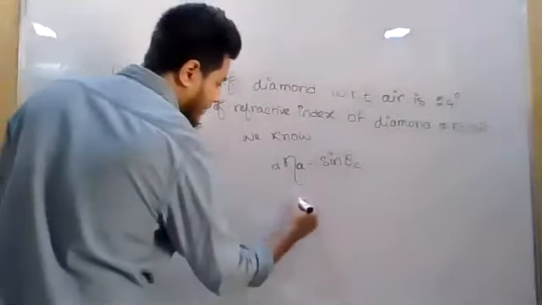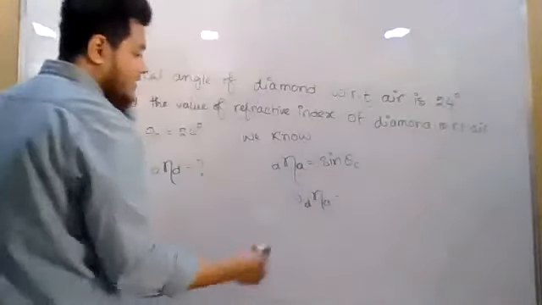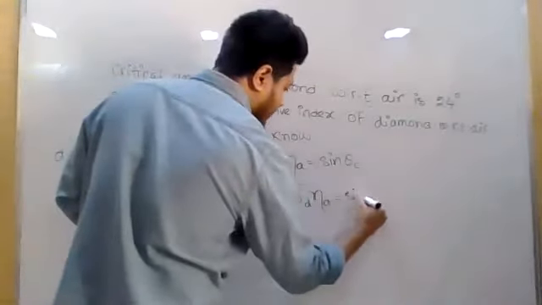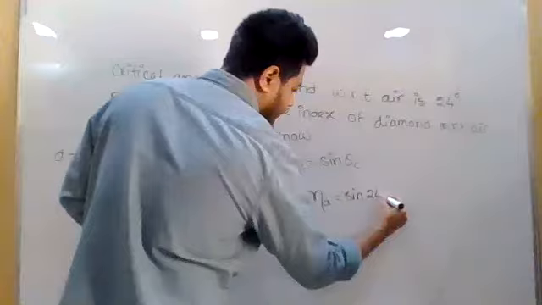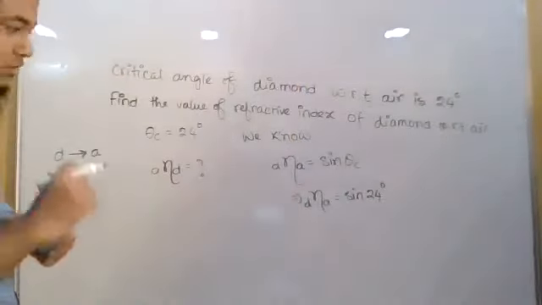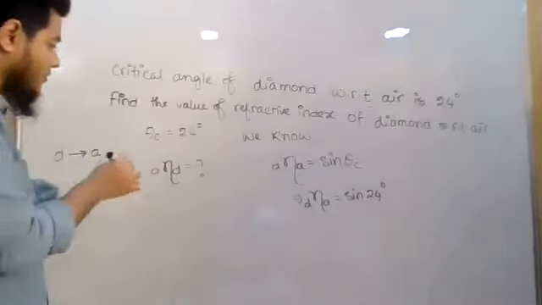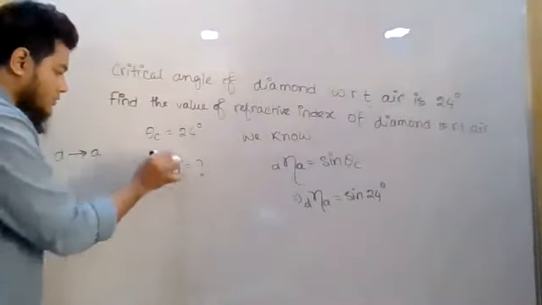So we can find the value of D eta A, which is equal to sine theta C. What is the value of sine 24 degrees? Okay, whatever the value is, let us not calculate it now. Then we have to check whether we got what we wanted or not.